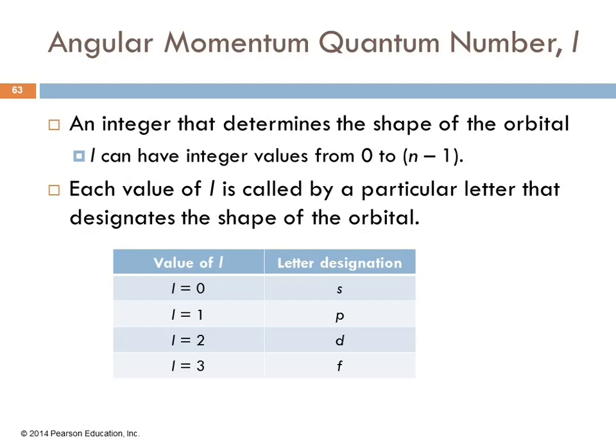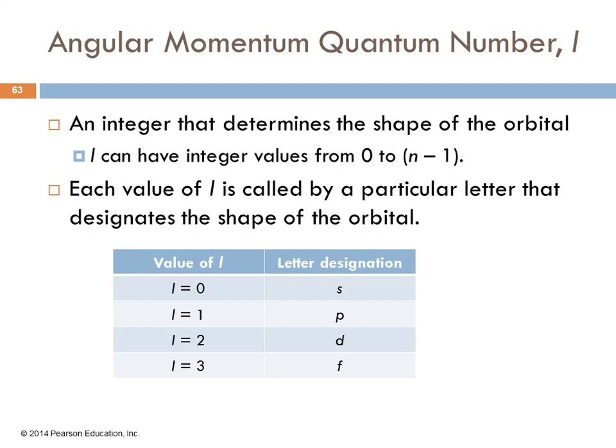The angular momentum number determines the shape of the orbital. So n can be 1, 2, 3, 4, etc. L is also an integer, and it can be from 0 to n minus 1.